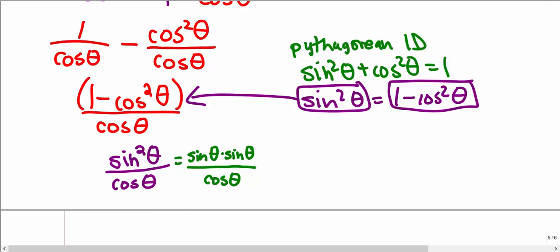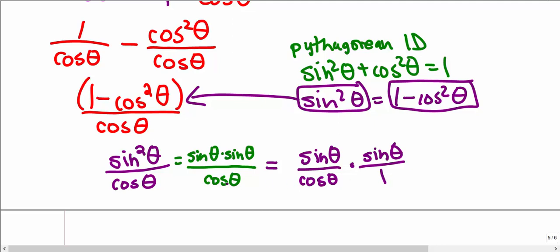If I write the top as sine theta times sine theta over cosine theta, this really is the same exact thing as sine theta over cosine theta times sine theta over 1. If I multiply these fractions back together, top times the top, I get sine theta times sine theta, and bottom times the bottom, we get cosine theta.